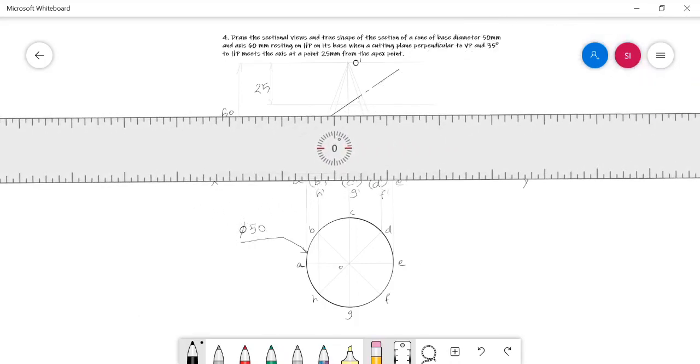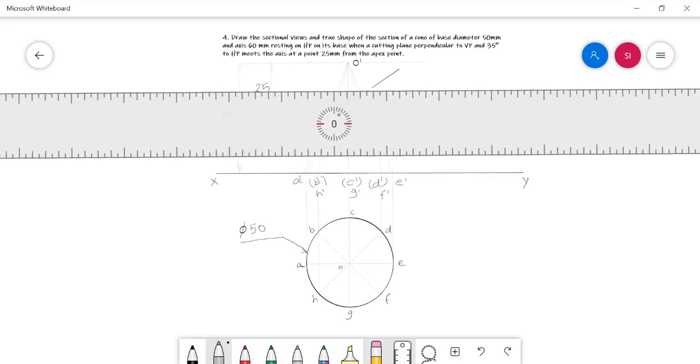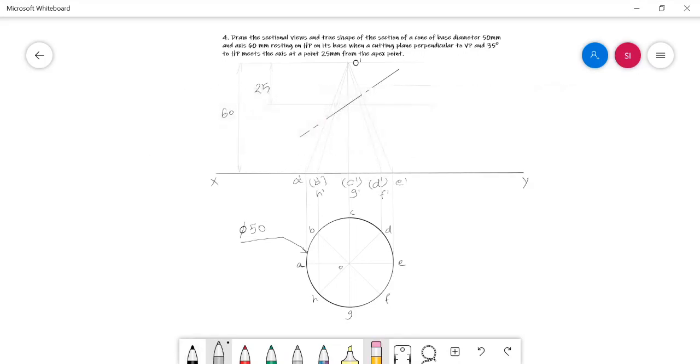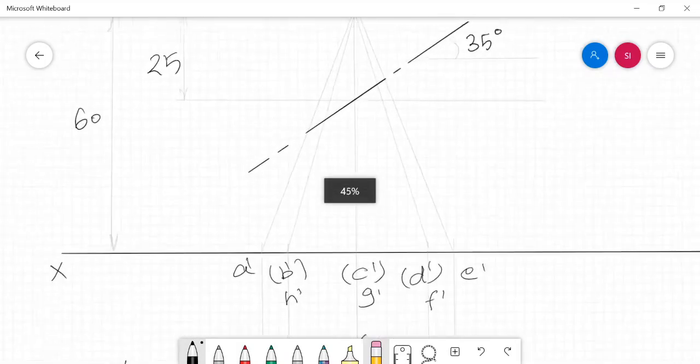And don't forget to mention its inclination with respect to the horizontal, that is 35 degree. And now we have to find out the cut points.